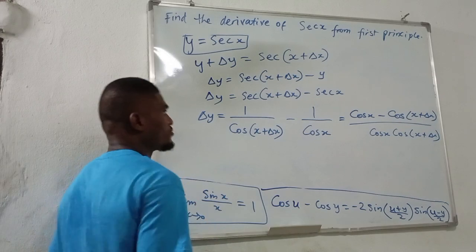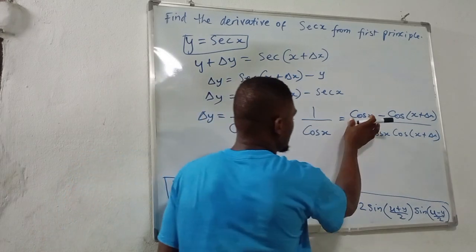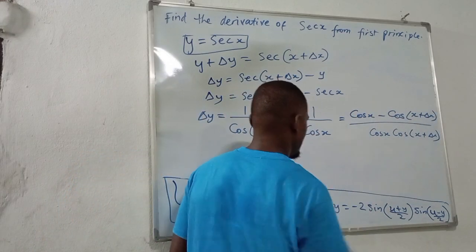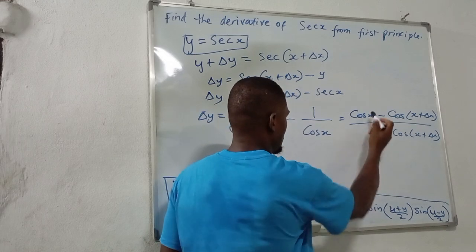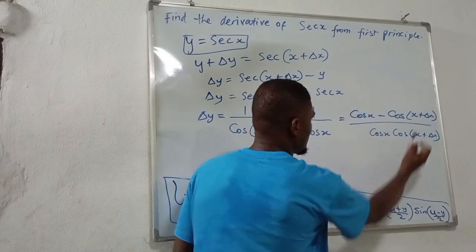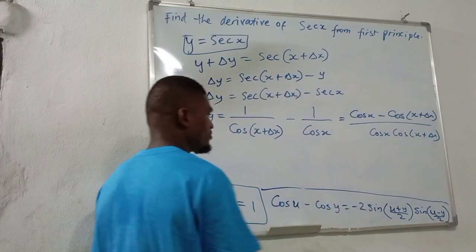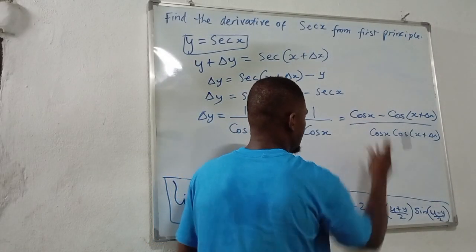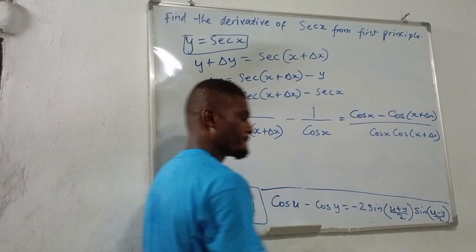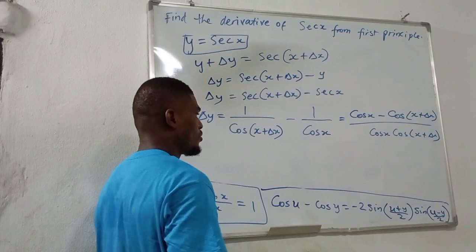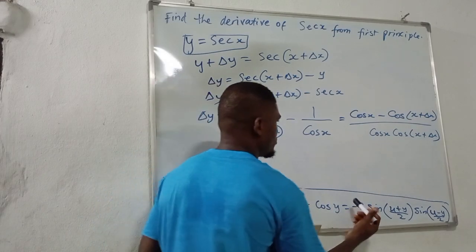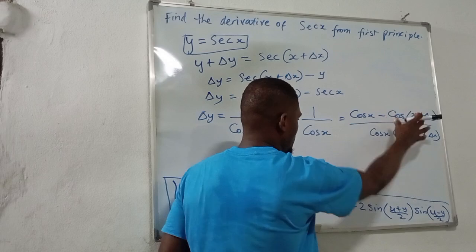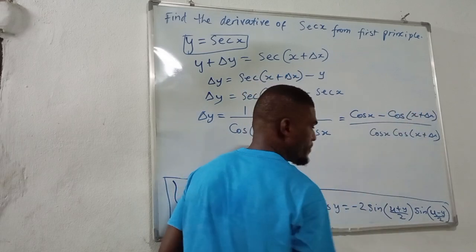So cos u minus cos y, we're going to take it this way: cos x minus cos this, which means that our u is x and our y is x plus dx. Now we're going to express this in this other form, so we put in these values in this form.